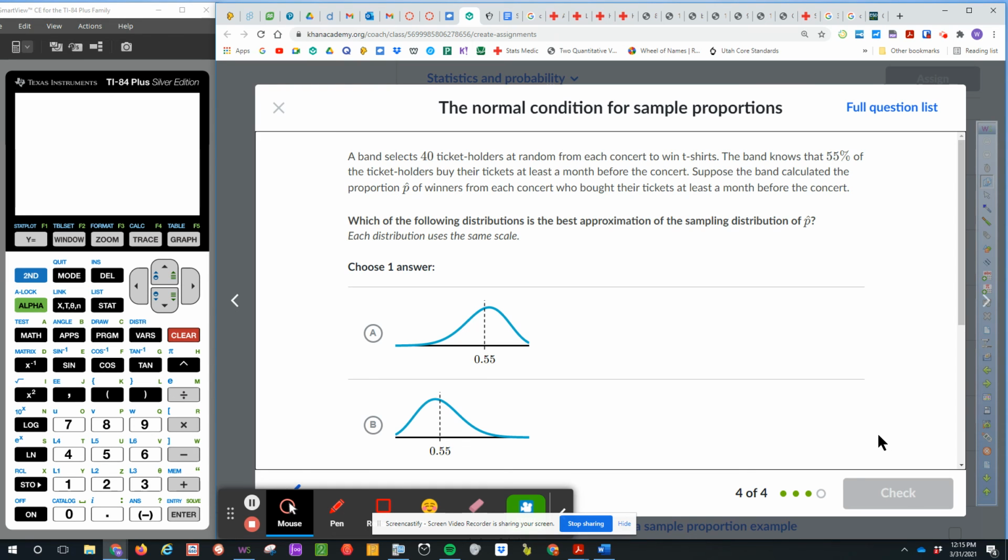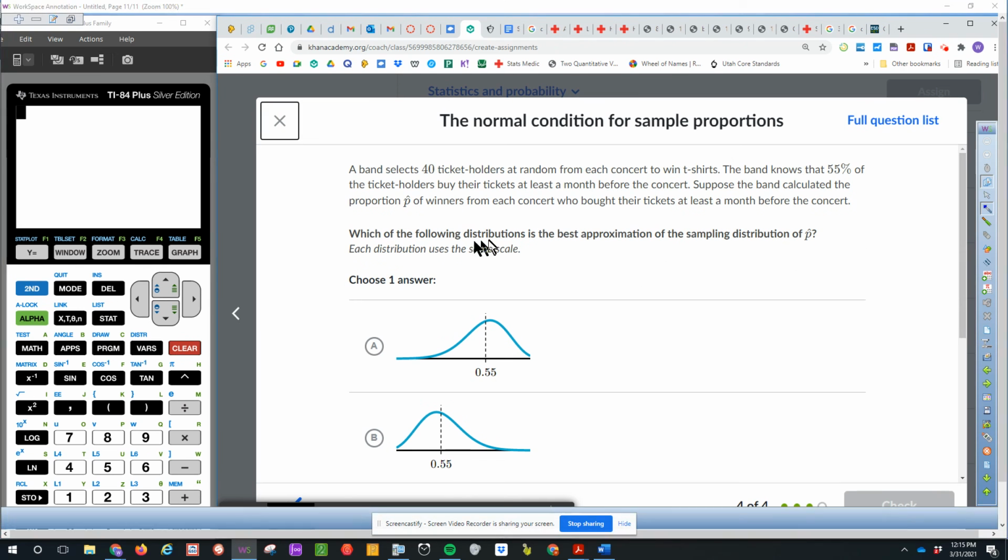Suppose the band calculated the proportion p hat, the sample proportion, of winners from each concert who bought their tickets at least a month before the concert. Which of the following distributions is the best approximation of the sampling distribution of the sample proportion of winners?